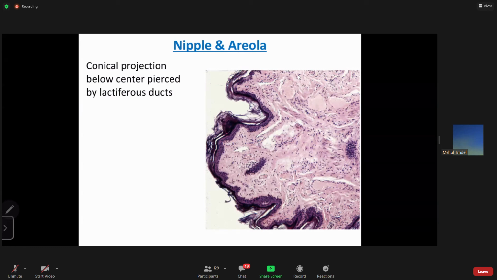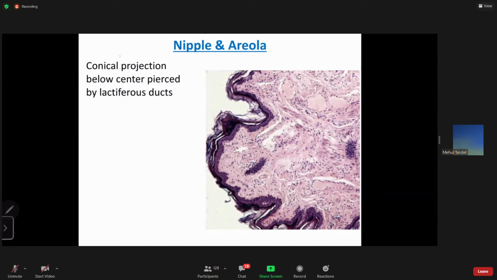Alveoli are only in the form of masses at the end of each duct. And during lactation, in the active mammary gland, there is more parenchyma, very less stroma, and proper alveoli filled with milk or distended with lipid vacuoles inside the acinar cells or the lumen of the acini or ducts.